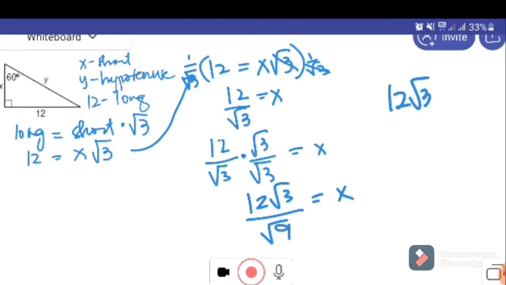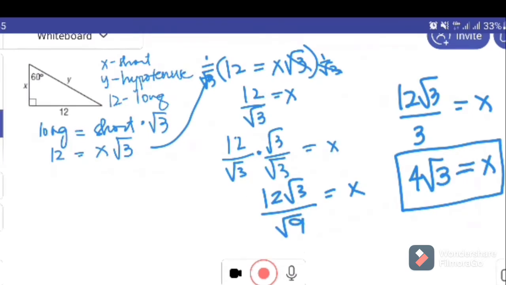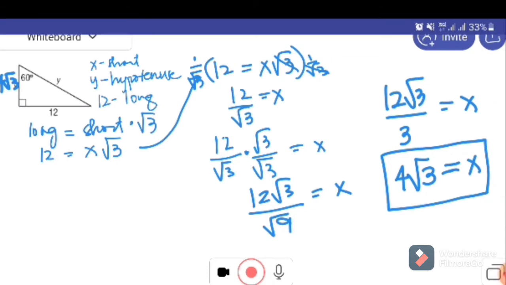12 square root of 3 over 3 is equal to x. And then we divide 12 and 3. That makes it 4 square root of 3 is equal to x. So this is now, our x is 4 square root of 3. Now let's solve for y.